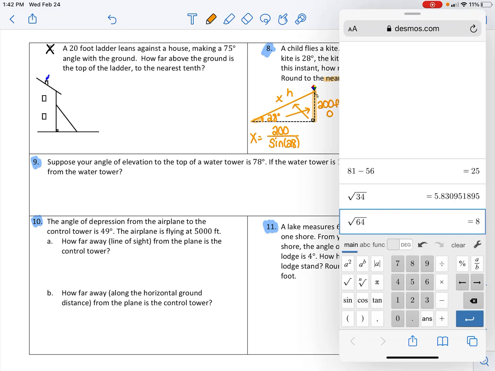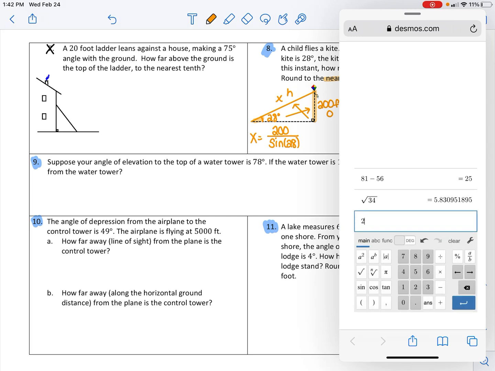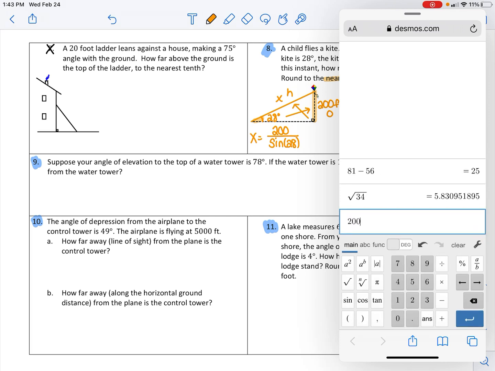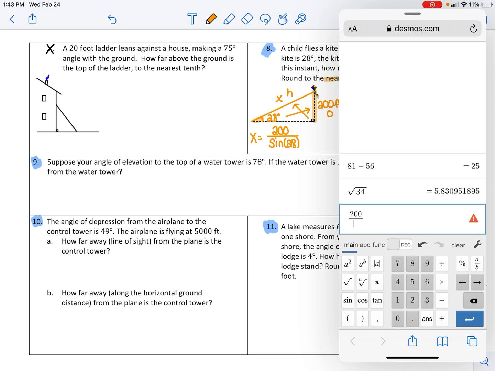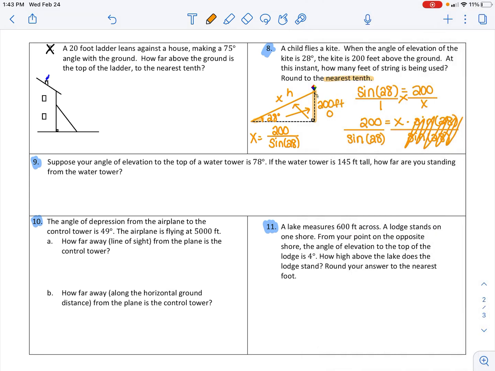So let's go ahead and pull up our calculator, and we're going to say 200 divided by the sine of 28. And that's going to give me 426.01.